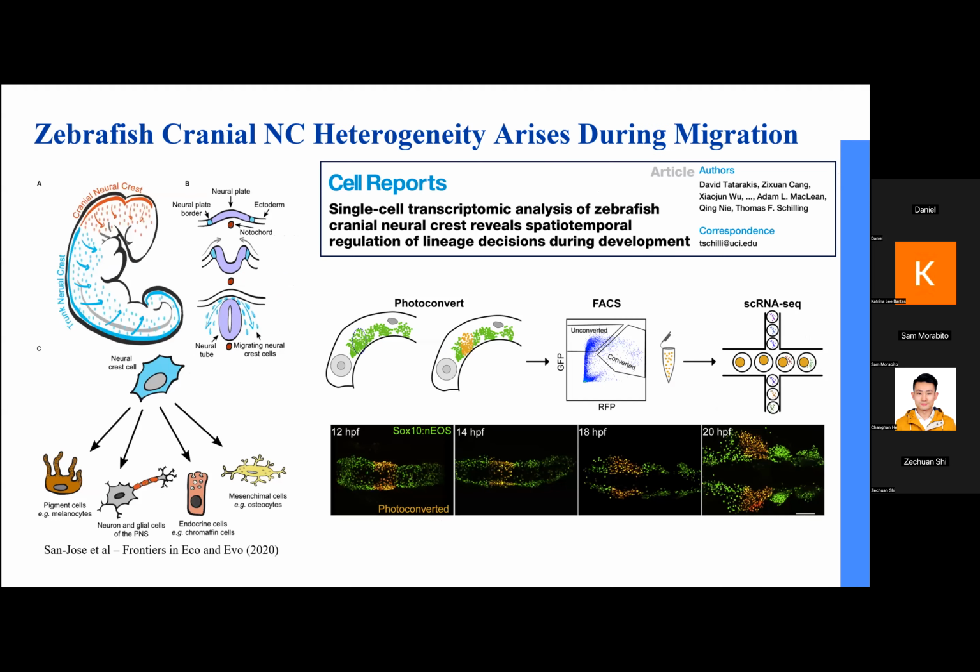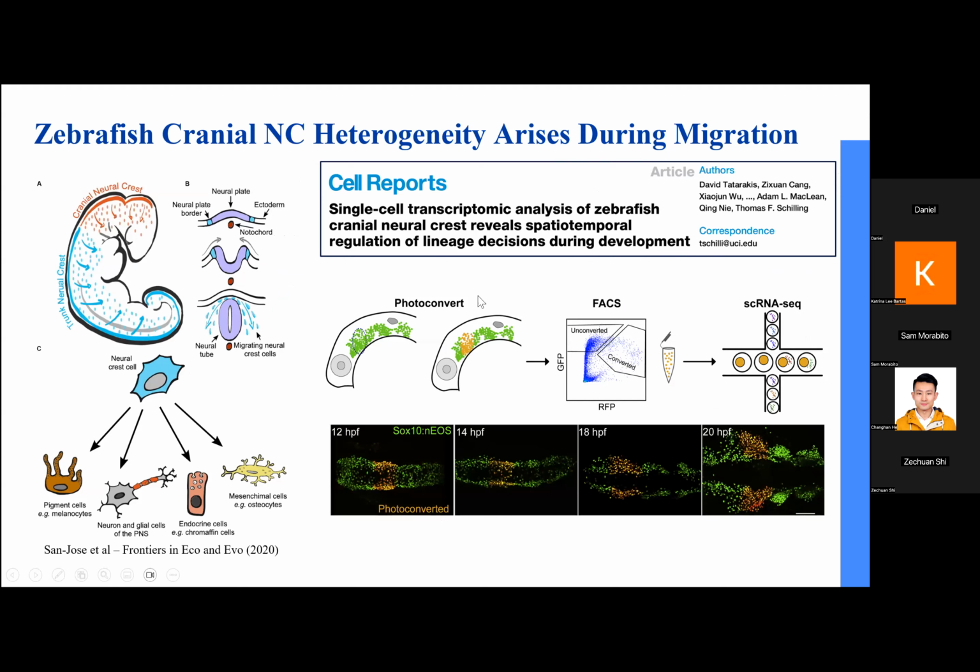And then the next part, we apply Expounder to the zebrafish cranial neural crest cells. These cells have very high heterogeneity during migration. This data comes from our collaborator, Dr. Schering, his group.